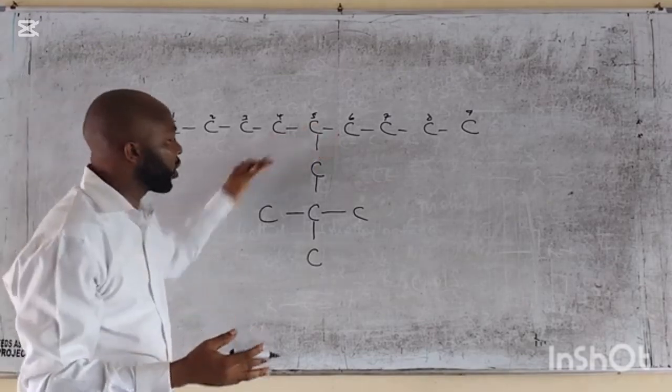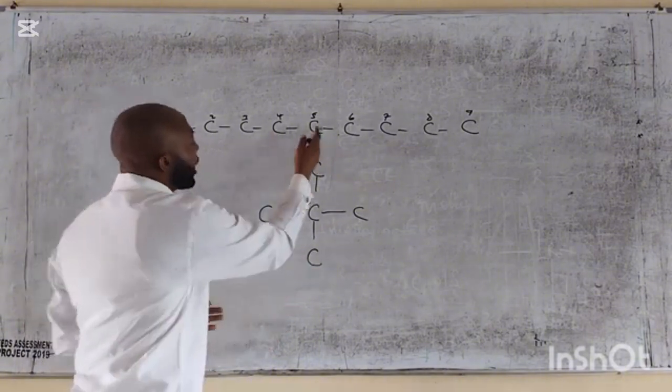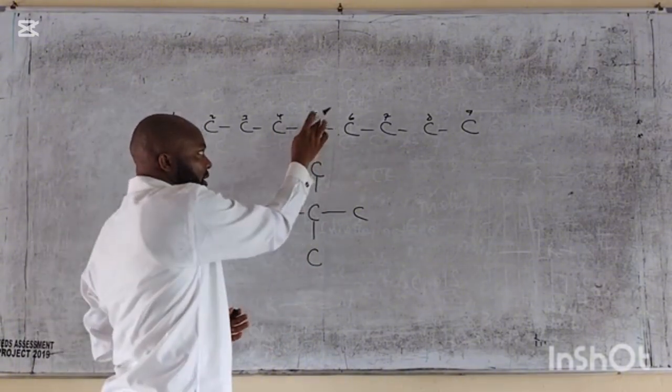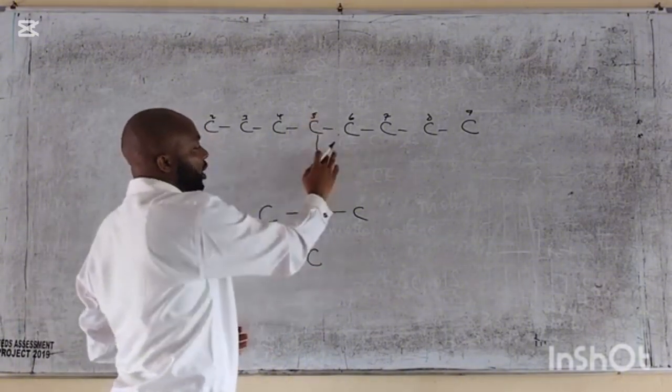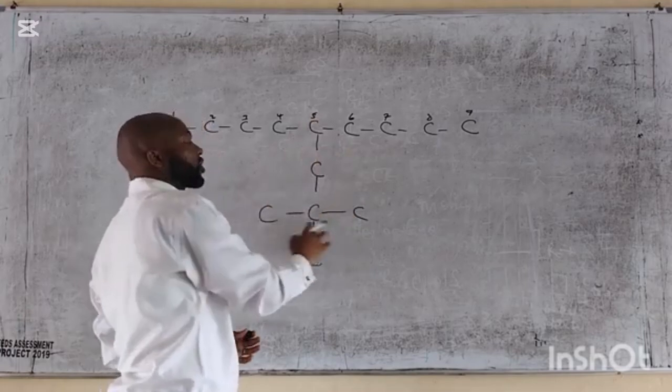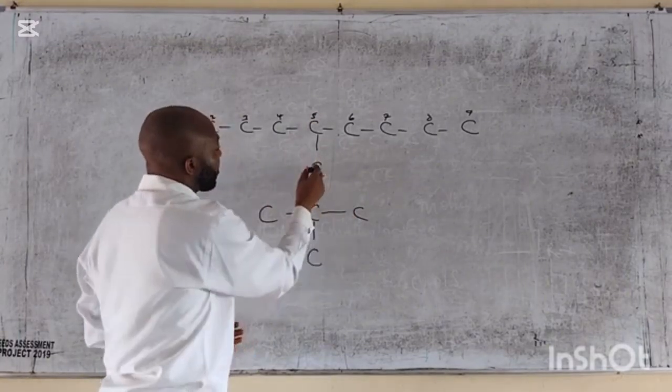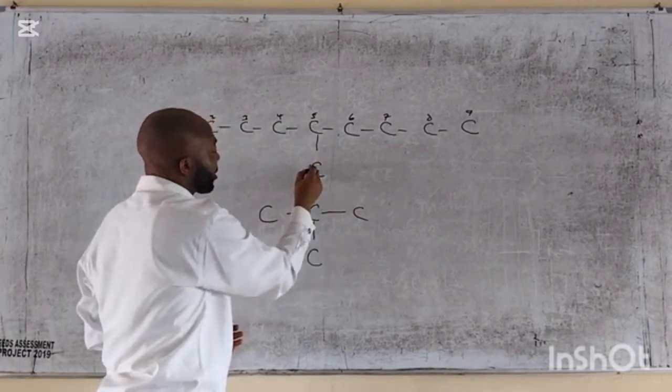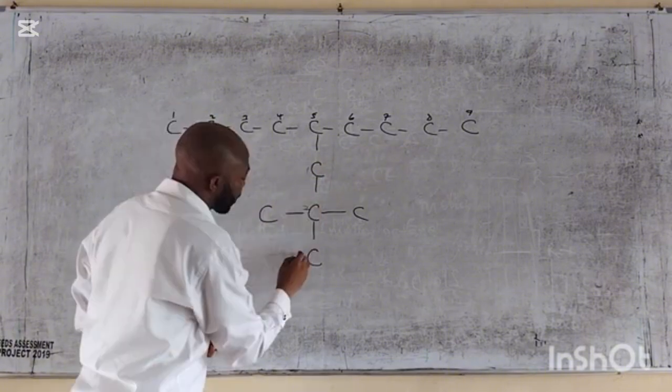We have to know what this is. So here, this is a substituent. All of this is a substituent, which contains some other substituent in it. So from the substituent, I have 1, 2, 3.